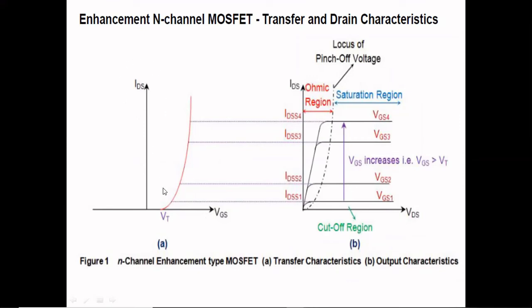If you observe in this particular graph, my current is zero up until some particular voltage called as VT. This voltage VT is called as threshold voltage.